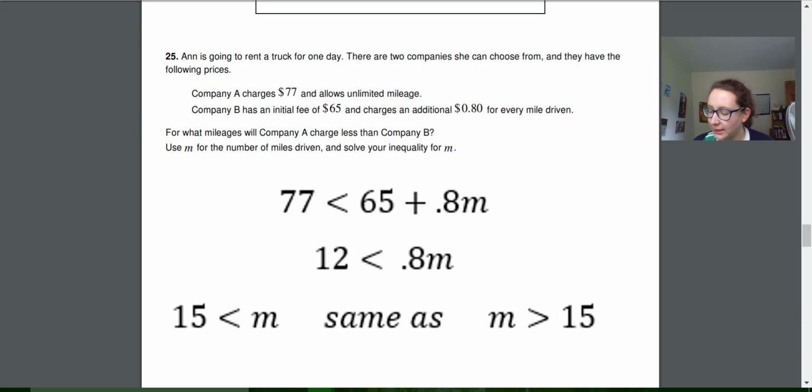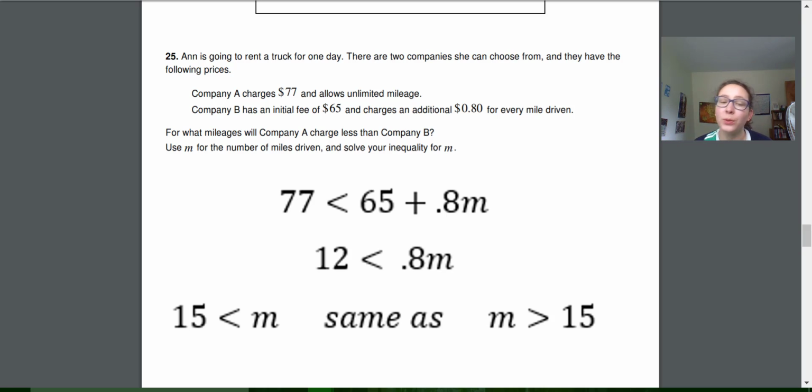So we set it up like that, and then you can solve that inequality. So we have 77 is less than 65 plus 0.8M. First you would subtract 65 from both sides, and you get 12 is less than 0.8M. And then you divide by 0.8 on both sides. So you get 15 is less than M. Now, if that 0.8 was negative, we would have to flip the inequality sign.